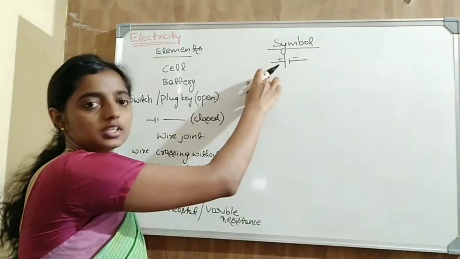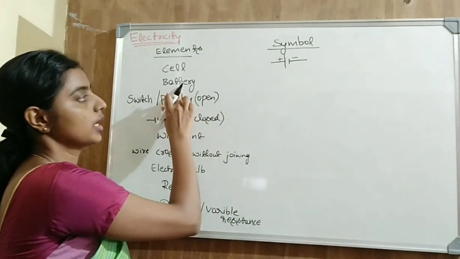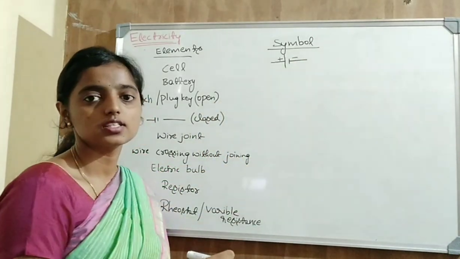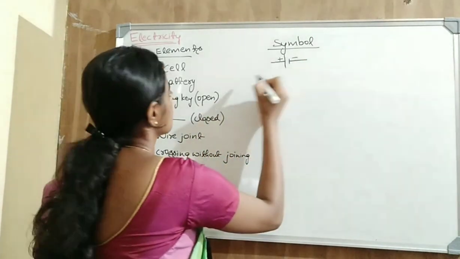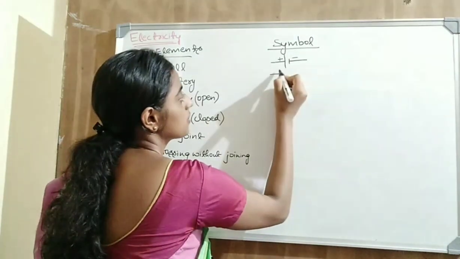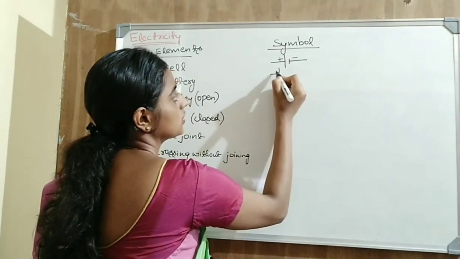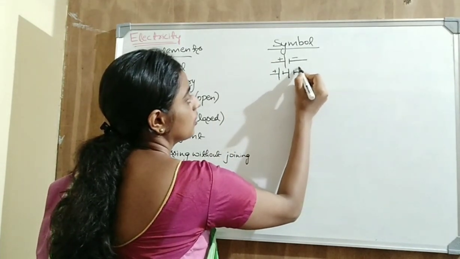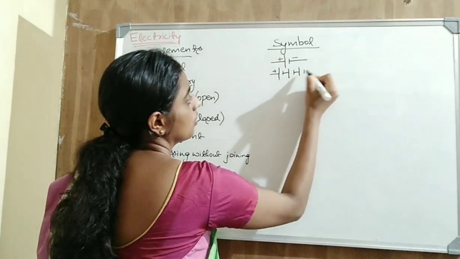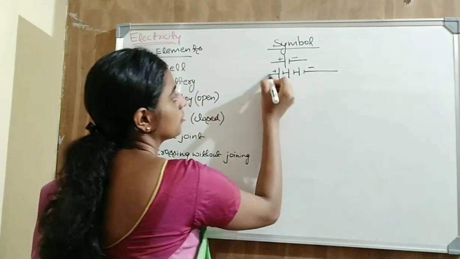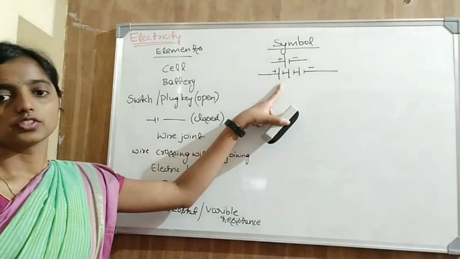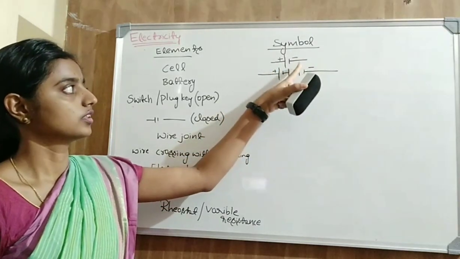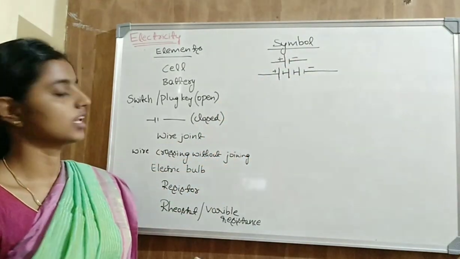So this is our cell. Now battery. Battery is nothing but a combination of cells. The symbol of battery looks like this. We have positive and negative terminal, and this is a combination of cells.